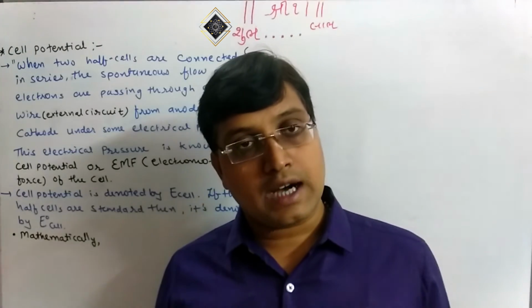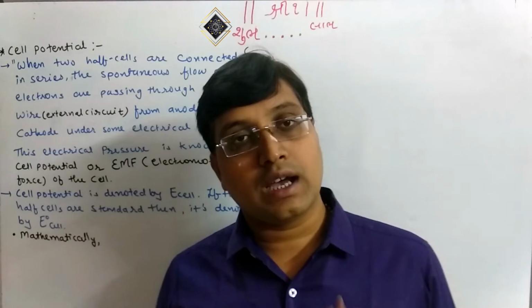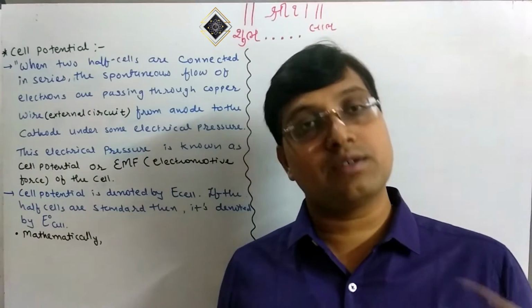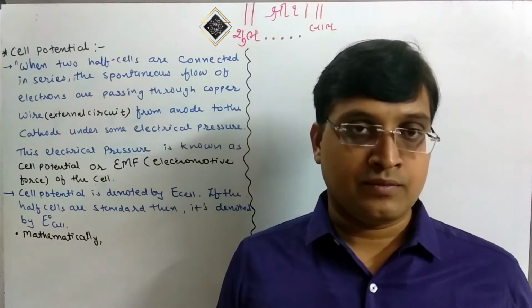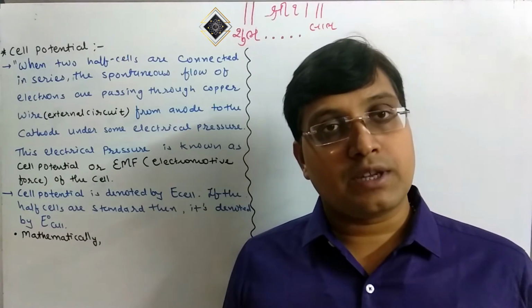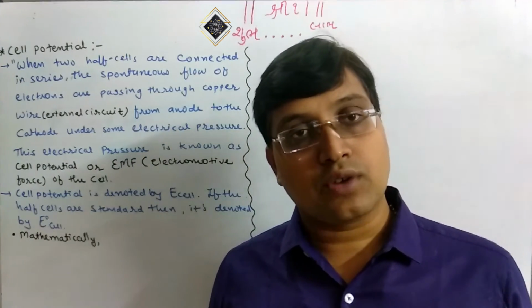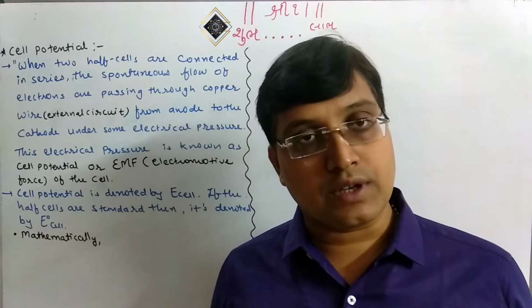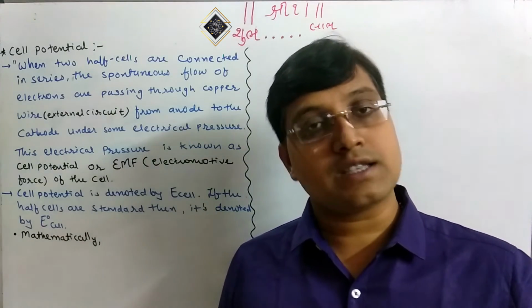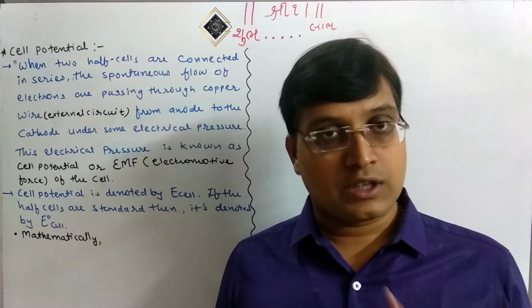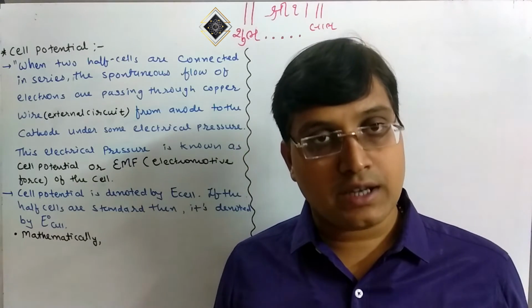That means the half cell which works as a cathode has a higher tendency to receive the electron than the anode. So if we want to represent the cell potential in terms of reduction, we have to take the difference of cathode minus anode. Clear? Why is it cathode minus anode?